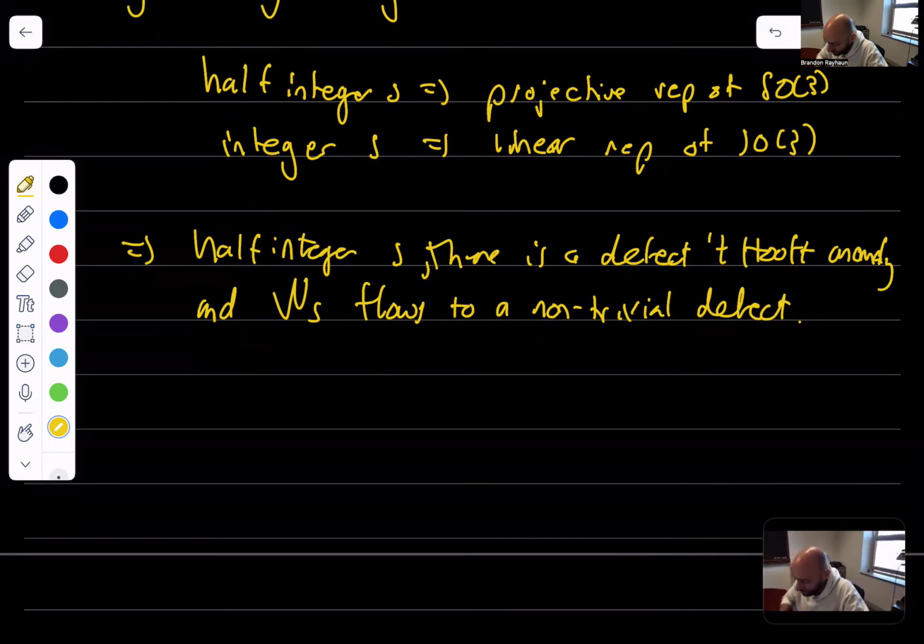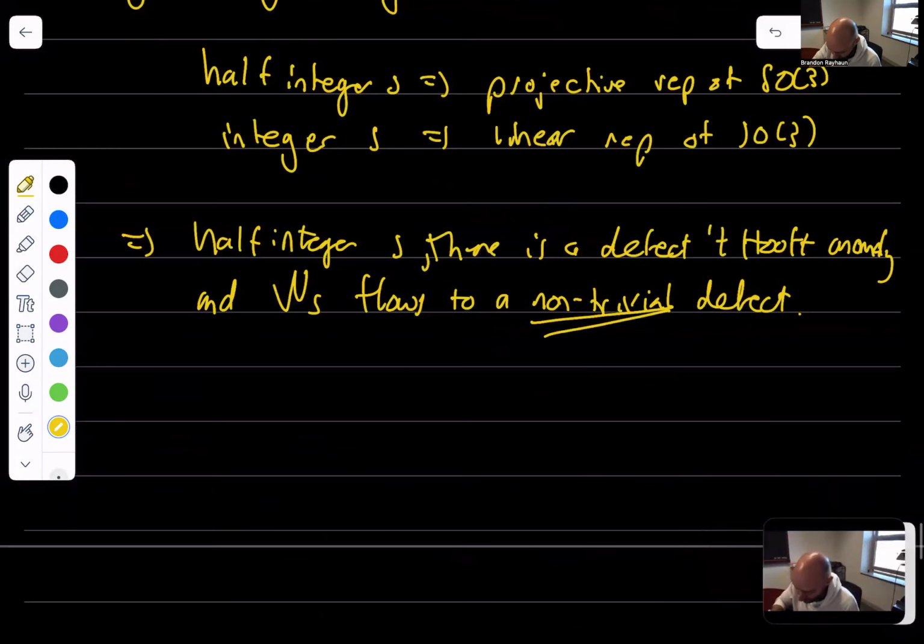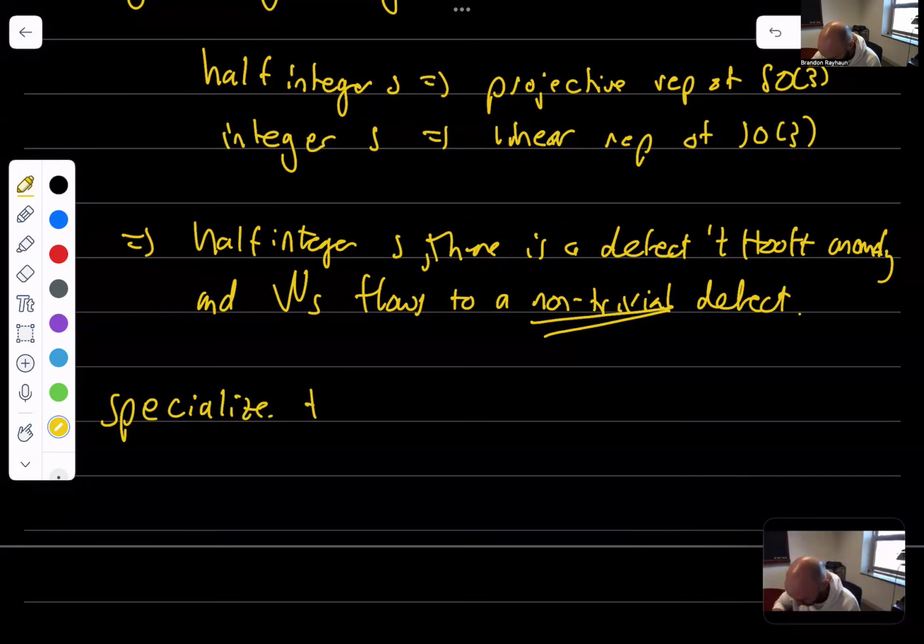Now, again, this is a somewhat weak statement because a priori it could still flow to a decoupled line or a topological line or a conformal line. But now we can also incorporate the G theorem into our analysis as well. So let's specialize to s equals 1/2 for this.